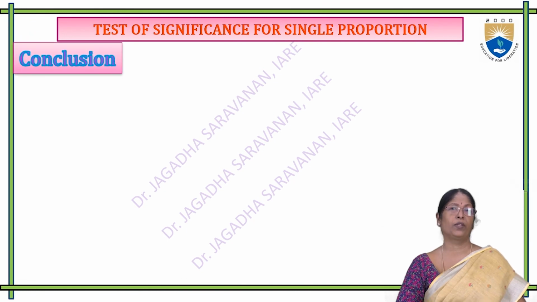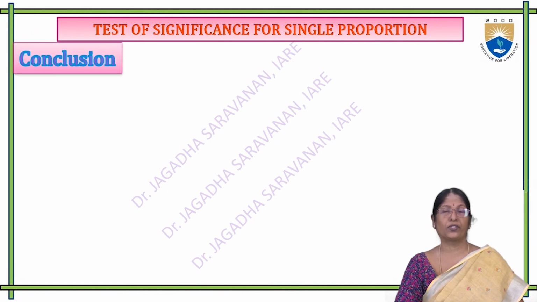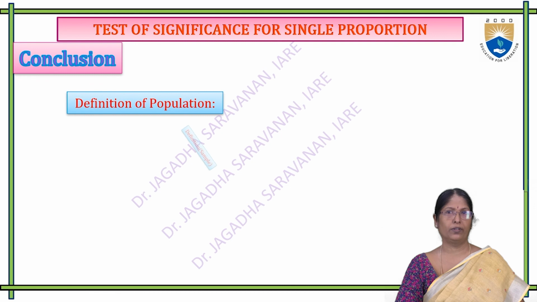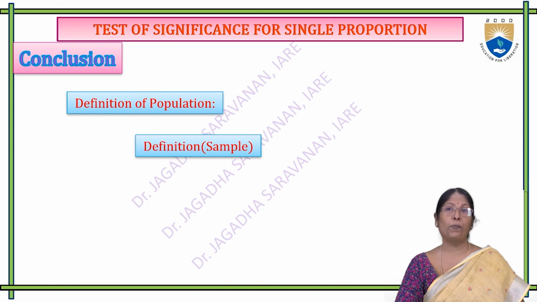We will come to a conclusion on this topic, test of significance for single proportion. What is population? What is sample? What is the difference between population and sample? Clearly we discussed that the sample is a subset of the population. In the complete sampling theory, there is a relationship between population and samples.